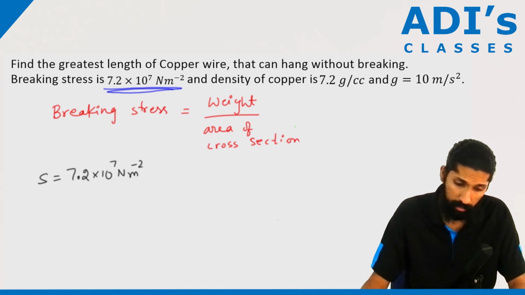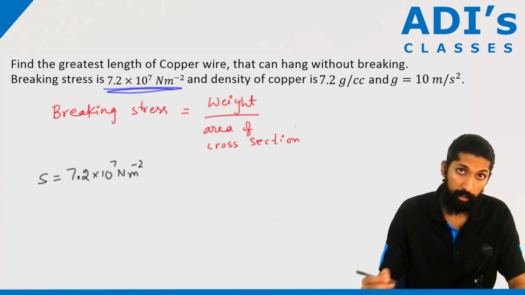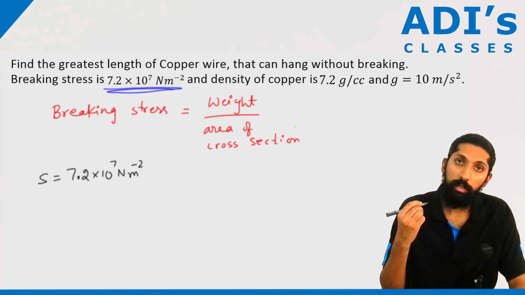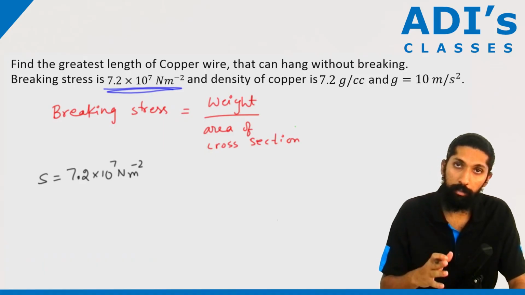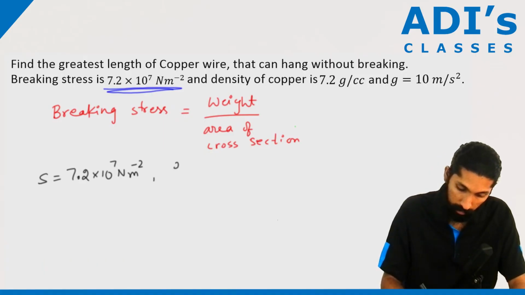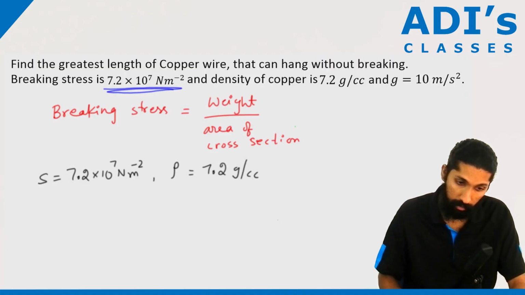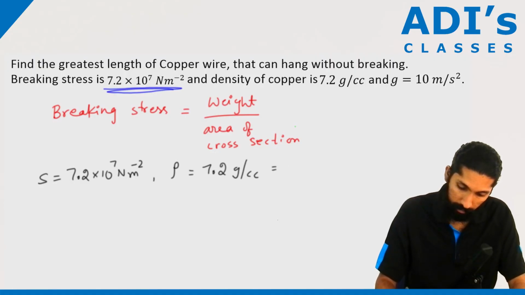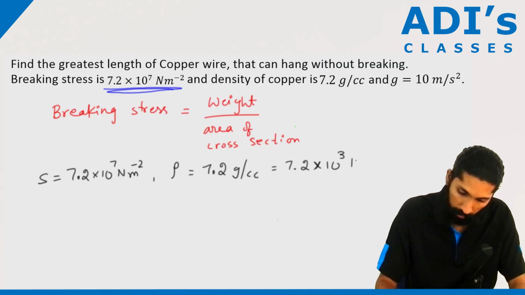Density is given. But remember one thing, density you have to convert into SI system, which is kg per meter cube. So what is given? Density is 7.2 gram per cc, isn't it? If you convert it into SI system, you will get it as 7.2 into 10 to the power of 3 kg per meter cube.